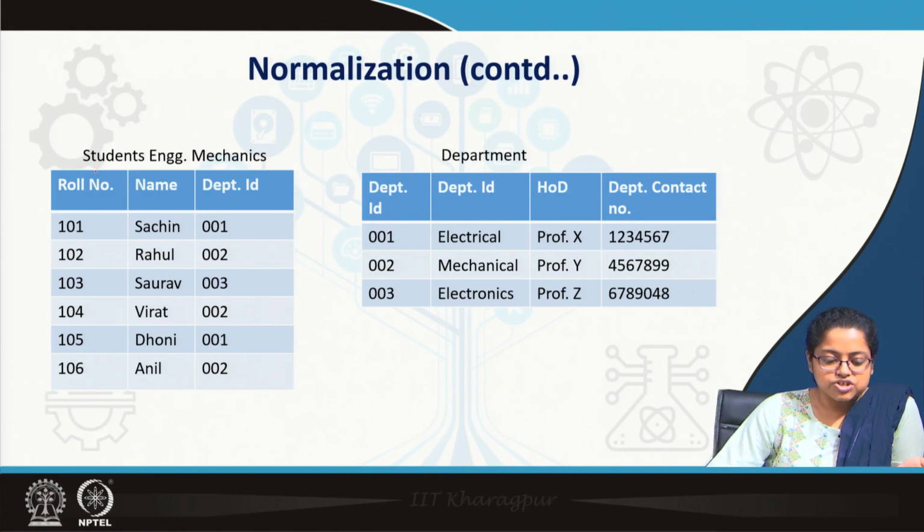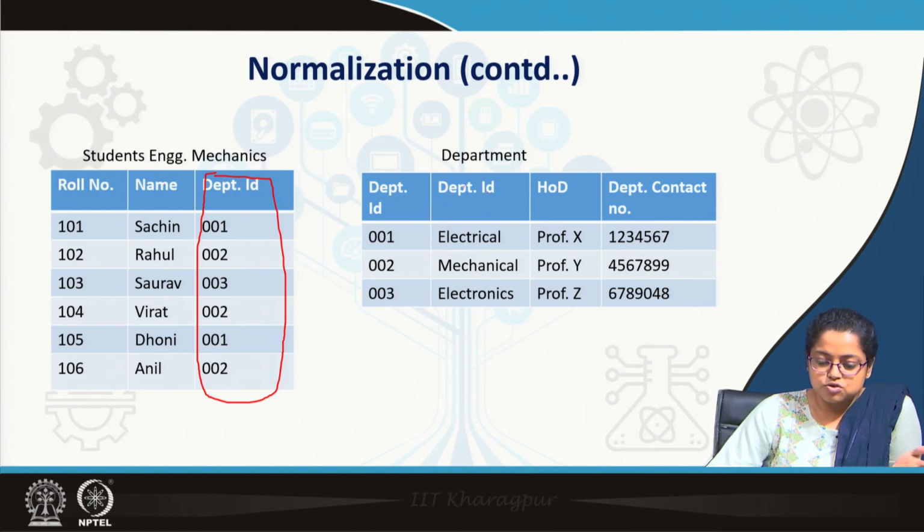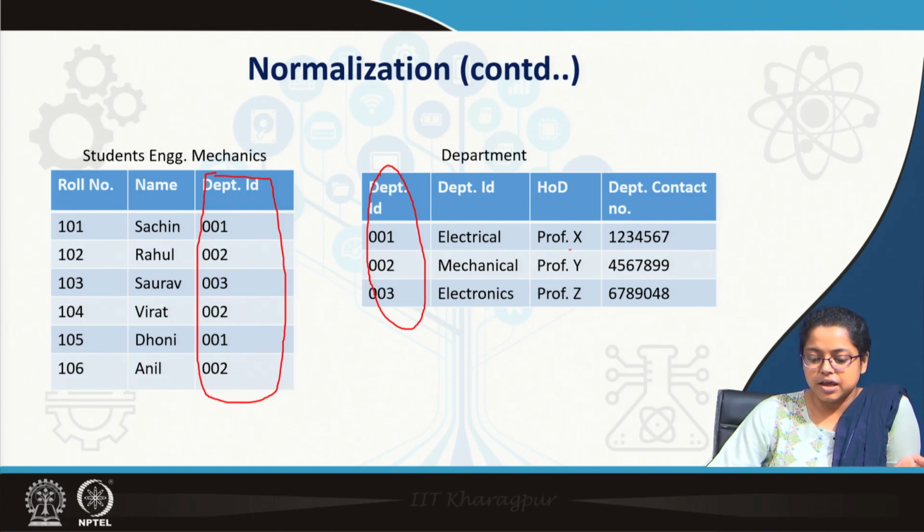One table has the details of the students for the engineering mechanics course, and the third column here is the department ID. Department ID is also present in the department table. In the department table, department ID is the primary key, which we had discussed in the previous lecture. Each of these IDs represents a particular department with the HOD's name and the department contact number.